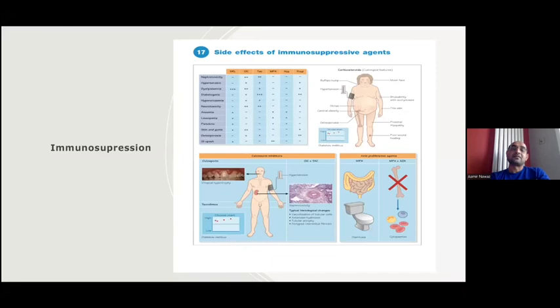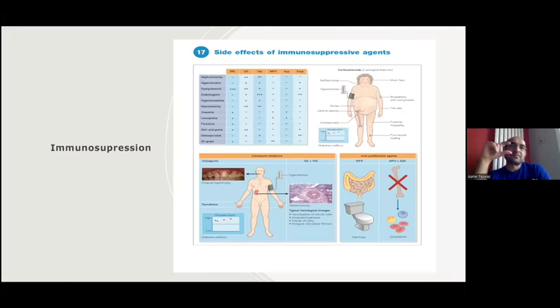The other thing which can happen with tacrolimus, apart from neurotoxicity and nephrotoxicity, is that the patient can develop diabetes. We call it NODAT, new onset diabetes after transplant. This is very important. And sometimes patients who are on cyclosporin long term can develop gingival hyperplasia. This is also important.